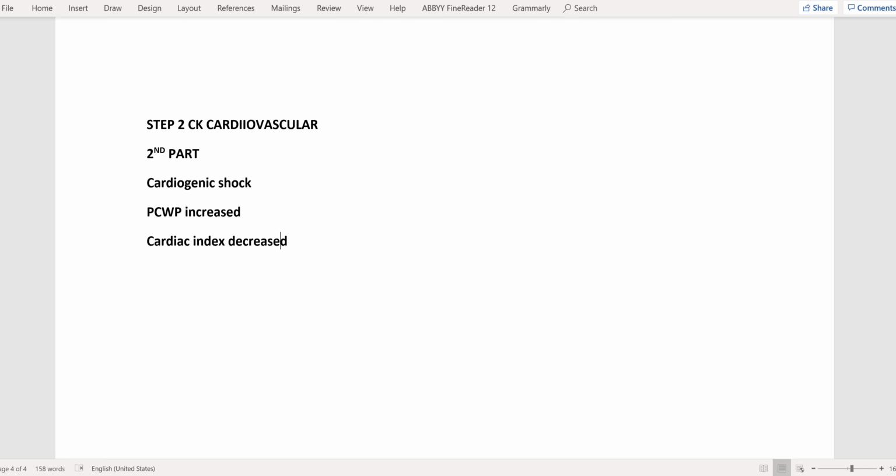Then what BUN causes pericarditis? What level? More than 60. And malignancy can cause that too. Lung, breast cancer, and stuff like that. Okay, so diffuse ST elevation. What is that?